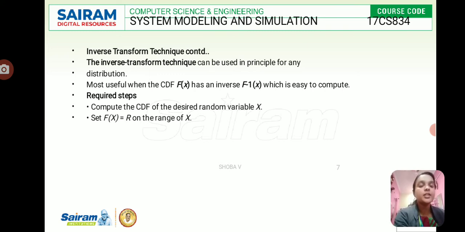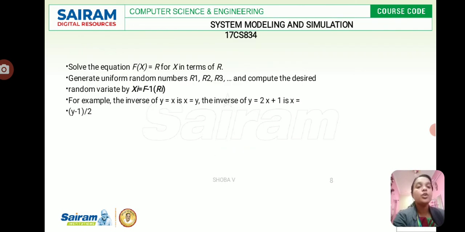The required steps are: compute the cumulative distribution function of the random variable, based on the range of x; then solve the equation F of x equals R for x in terms of R; and generate uniform random numbers and compute the random variate F inverse of R.